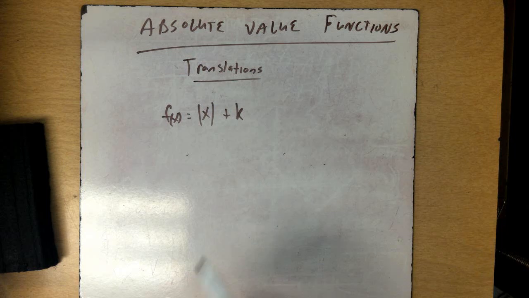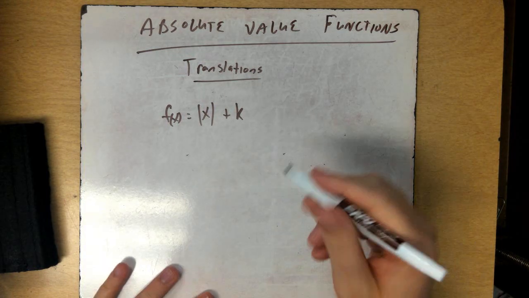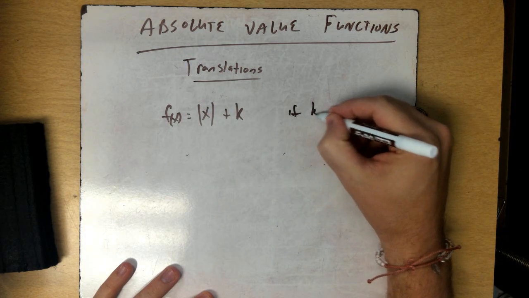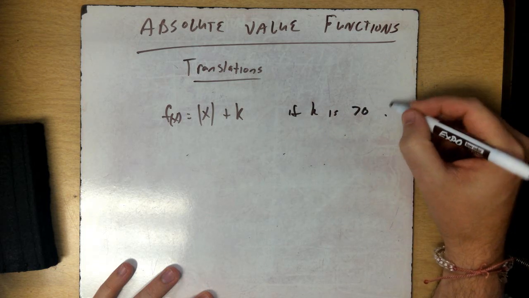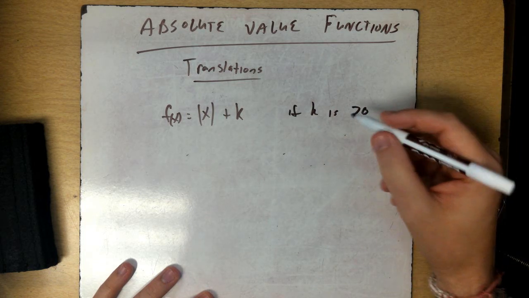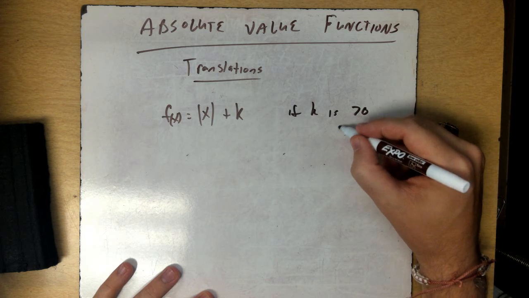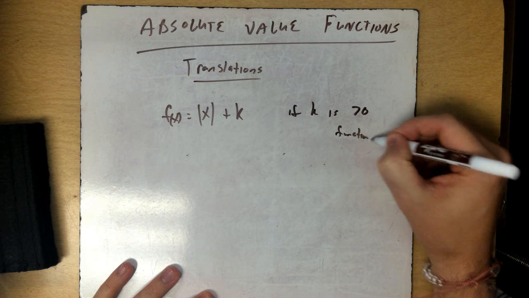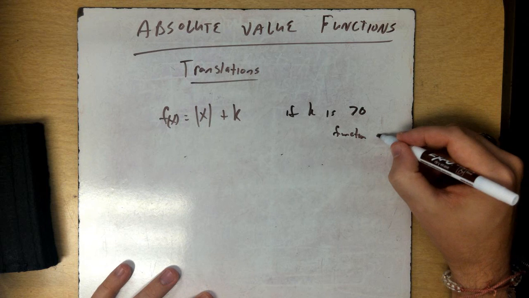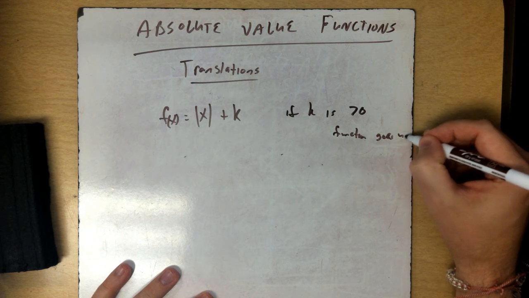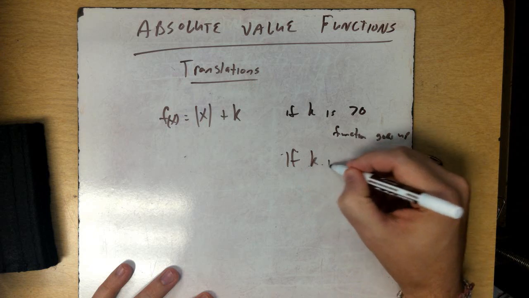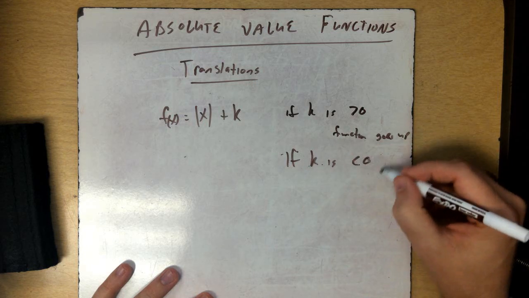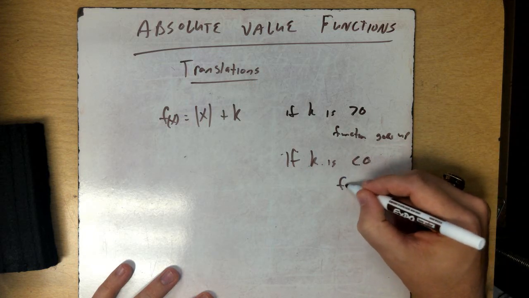When you see this, it's the same thing as what we did earlier with our movements. If k is greater than 0, your function goes up. And if k is less than 0, the function goes down.